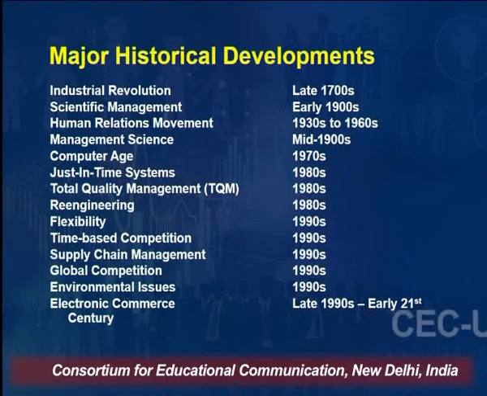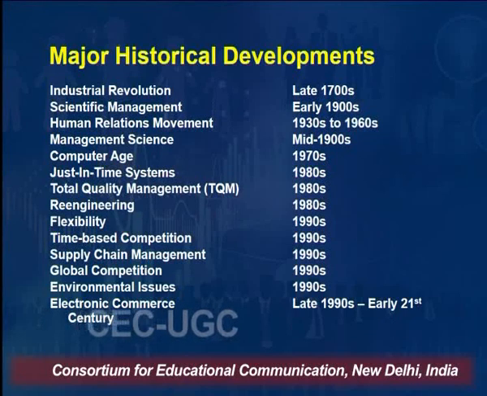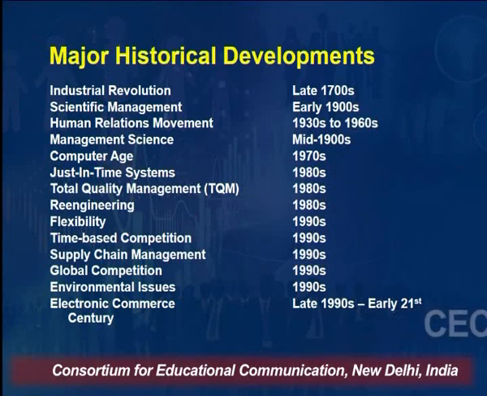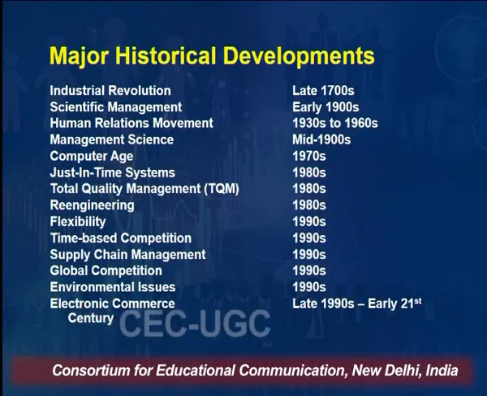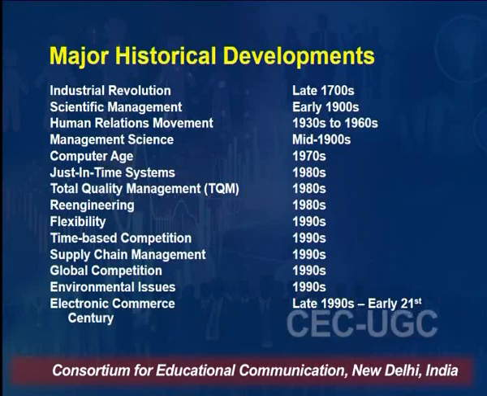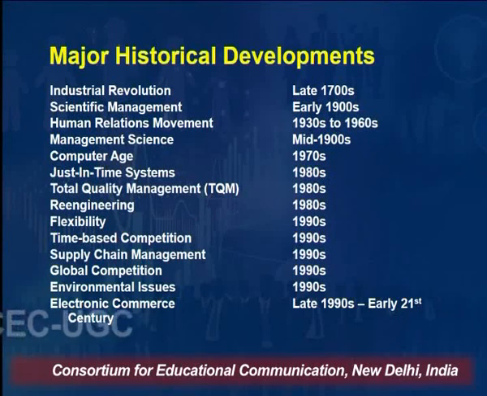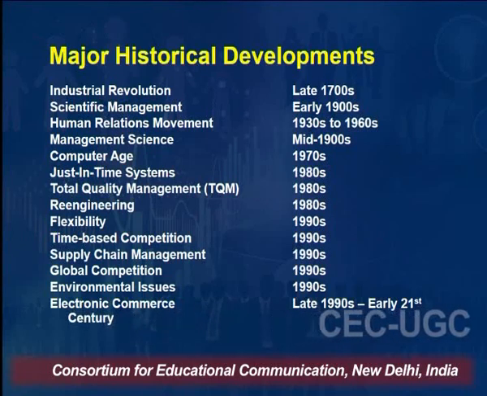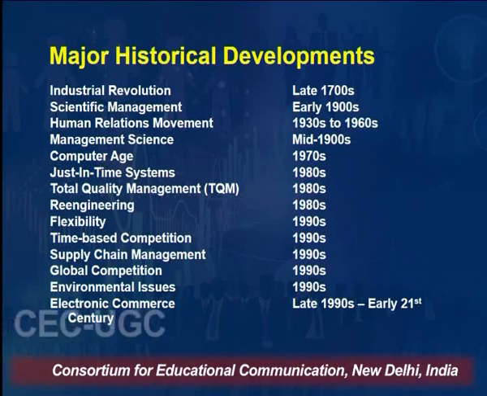Then the computer age came in the 1970s. Just-in-time systems, we call them JIT systems, came in the 1980s decade. Then total quality management, TQM, you will be studying all of this, just-in-time systems and total quality management, also came in the 80s and 90s, then re-engineering, then flexibility, then time-bound competition. So all these things, supply chain management, global competition, environmental issues and electronic commerce. So let us see one by one how these eras have evolved.